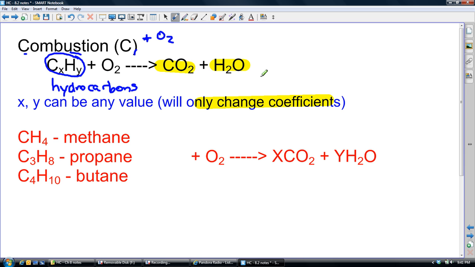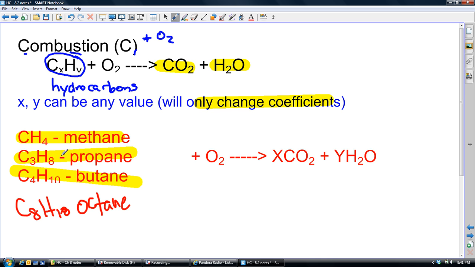So for example, 3 hydrocarbons that you've probably heard of: methane, propane, and butane. Methane gas, propane, some of you have propane tanks for heat, and butane lighters, the little automatic lighters. Another one that's not on this list is octane, the main ingredient in gasoline.